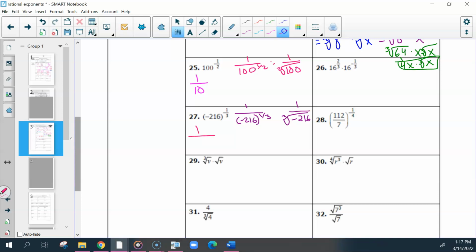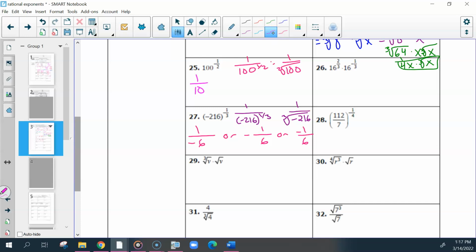So because this is a perfect cube, and the cube root of 216 is 6, this is going to become negative 6, or any of these would be fine, because as we know with slope, as long as one is negative, it doesn't matter.